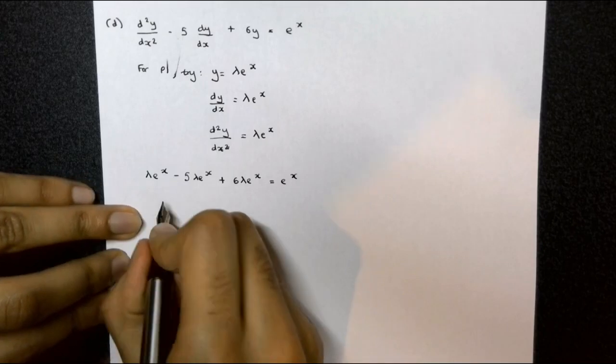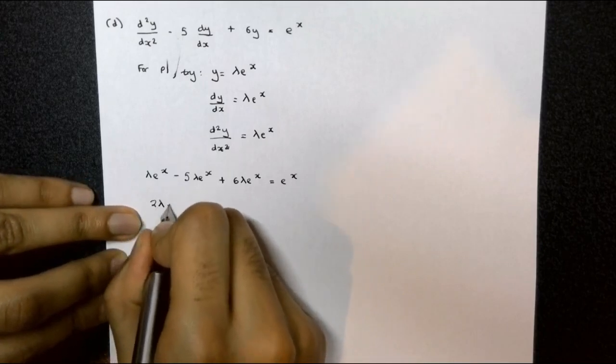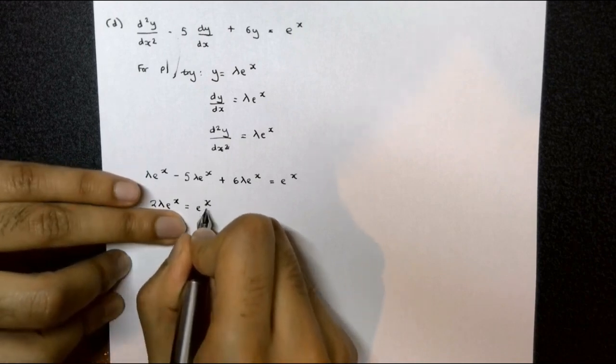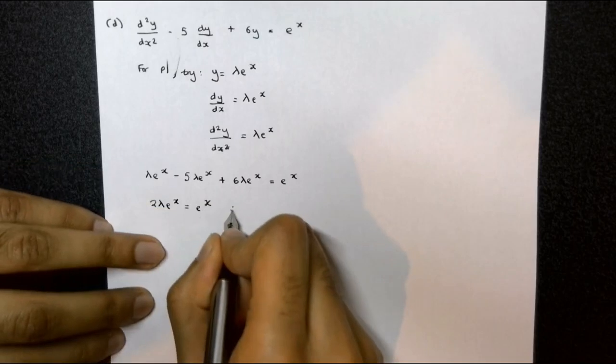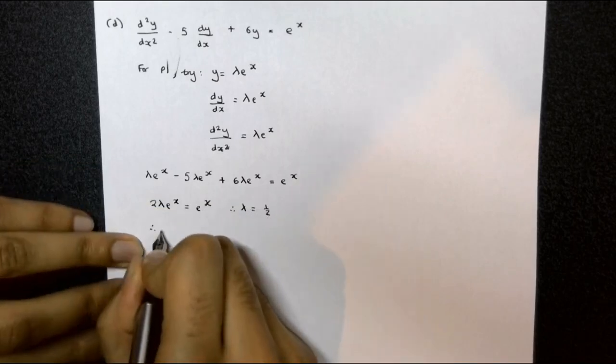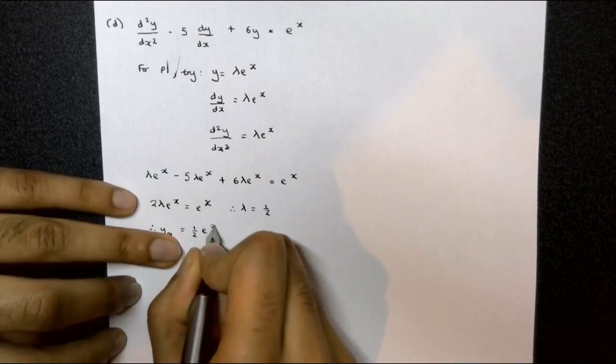You can see here we end up with 2 lambda e to the x equaling e to the x. So therefore lambda is equal to 1/2, and therefore for our particular integral we have 1/2 e to the power of x.